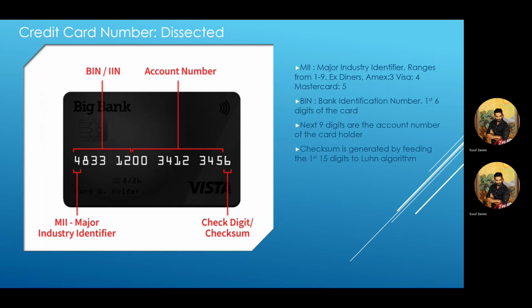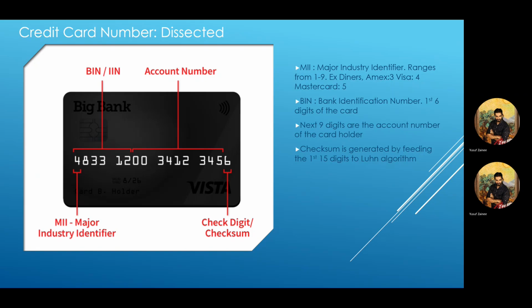So let's take a look at this sample credit card and let's dissect its entire 16 digits. The first digit is the MII, which is the major industry identifier. You can have 1 to 9, and the different numbers denote different industry values.